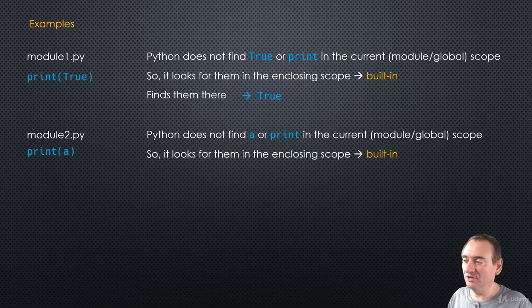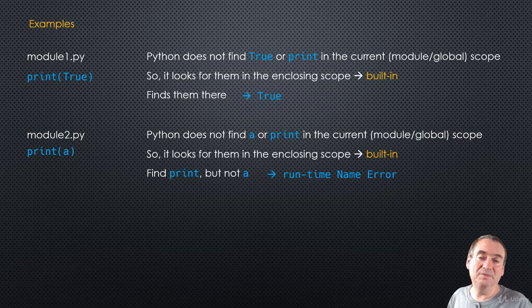So what does it do? Well, it's going to go and look for them in the built-in scope, right? It looks up if it can't find it in the current scope. So it finds print, that's great, but it doesn't find a. And there is nothing above the built-in scope. So at that point, Python says, sorry, but I can't find a anywhere. You can't use it. It hasn't been defined. And so you get this runtime name error.